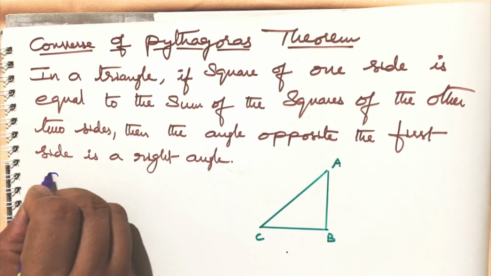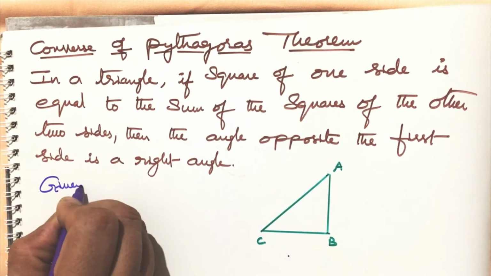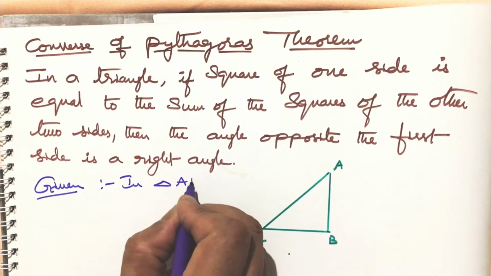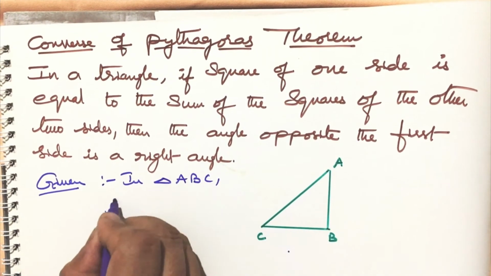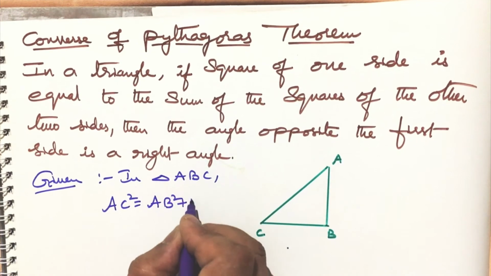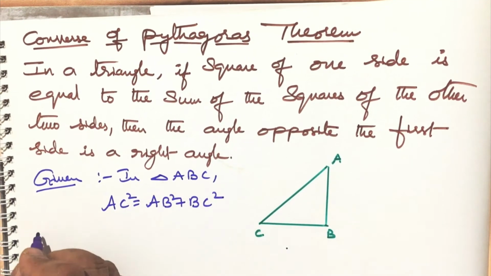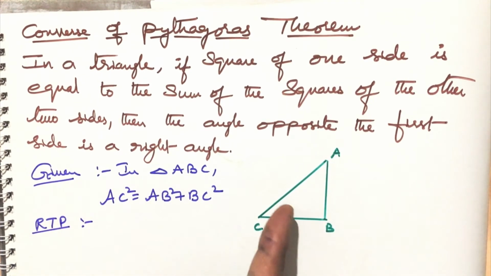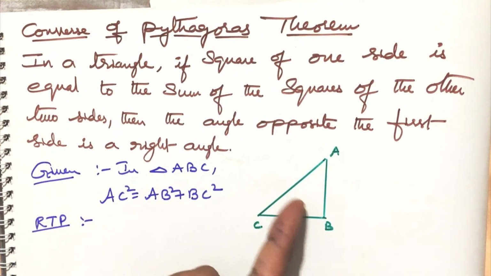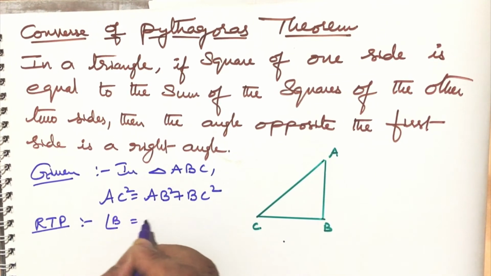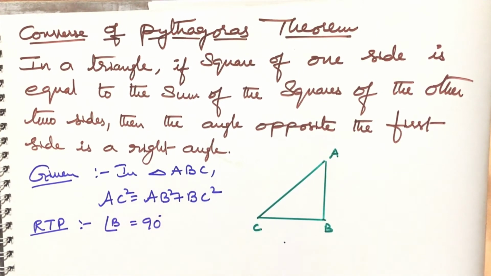Given that in triangle ABC, AC square is equal to AB square plus BC square. We have to show that the angle opposite to the first side, meaning AC, what is that? Angle B. Angle B is equal to 90 degrees, we have to show.